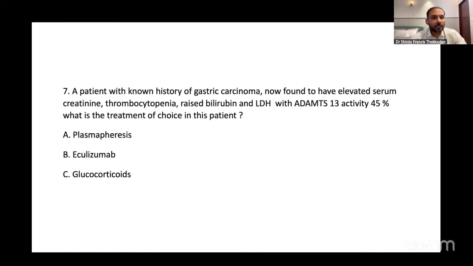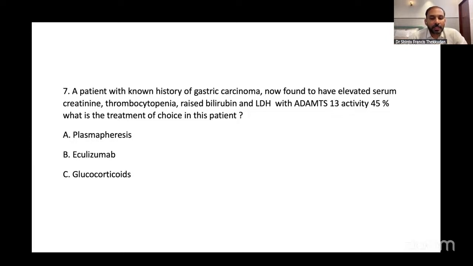Seventh question: a patient with a history of gastric carcinoma is now found to have elevated serum creatinine, thrombocytopenia, bilirubin, LDH, with ADAMTS13 activity of 45. What is the treatment of choice for this patient? So solid organ malignancy, now presenting with renal failure, thrombocytopenia, elevated bilirubin, probably from hemolysis, LDH elevation.